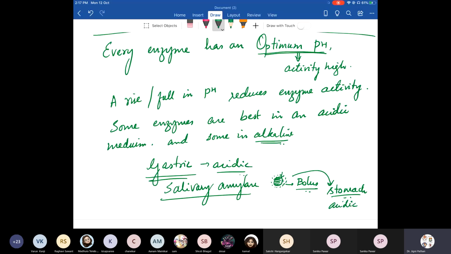The enzyme that was active in the mouth is not active in the stomach. Are you understanding the difference? How the pH plays a role in the activity of enzyme? Everyone? Yes or no?